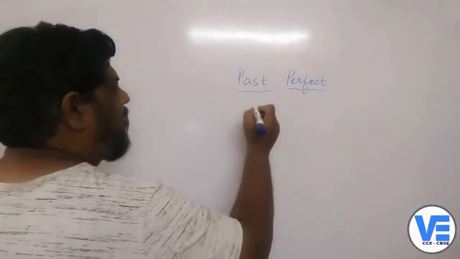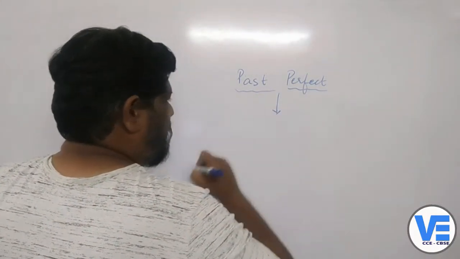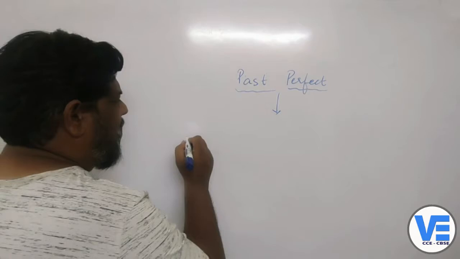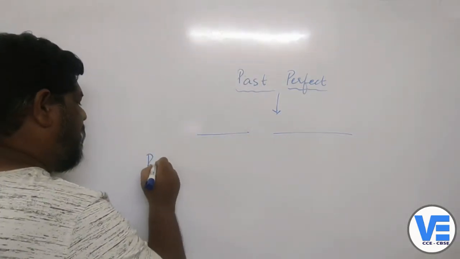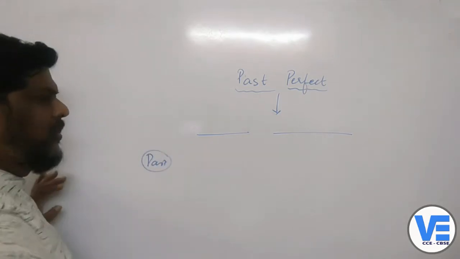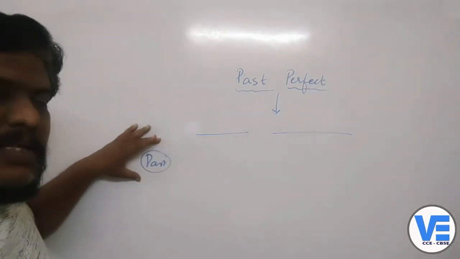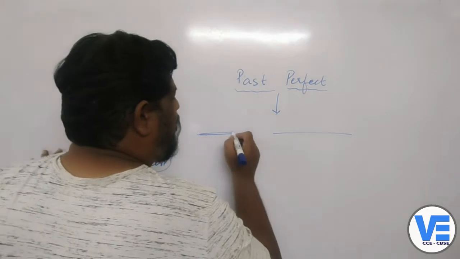Now, when this past perfect tense is used, just assume that there are two events going on, right? A person is talking about something which happened yesterday, but he is talking about two incidents here.